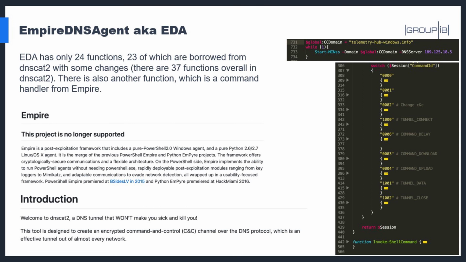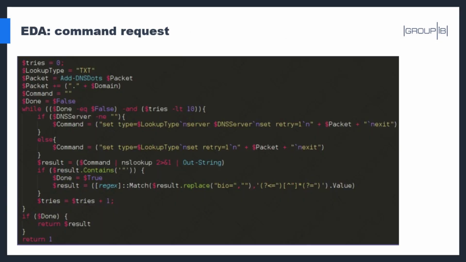This function just handles and processes commands from the Empire tool. As you can see, Empire is no longer supported, but with the DNSCat project, hackers tunnel all communications into the DNS protocol, and all communications with the command and control server are proxied via legitimate DNS servers.